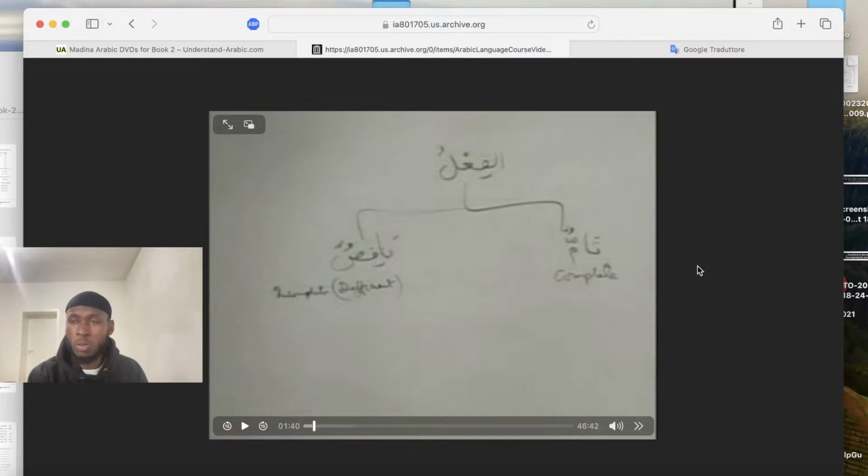For the complete verb, it's like samirtu, dhahaba, and those kinds of verbs. They are complete. You don't need to add something because in it we have the fi'l and the fa'il. But then we have the verbs that are incomplete, like for example kana, or laysa. These are the two verbs that we saw so far that were incomplete.